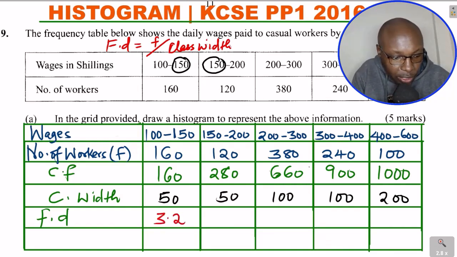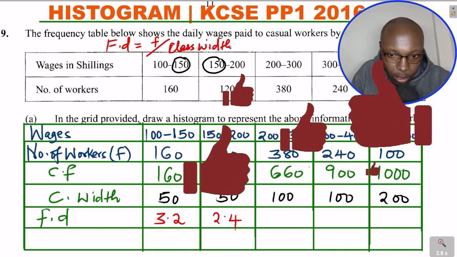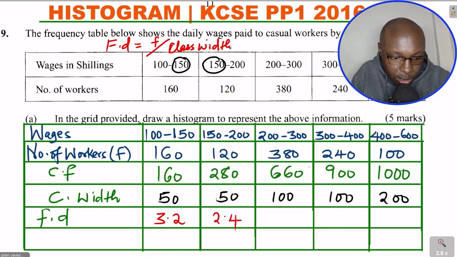The other one is 120 divided by 50, which gives 2.4. Then the other one is 380 divided by 100, which is 3.8. Then this one is 2.4.